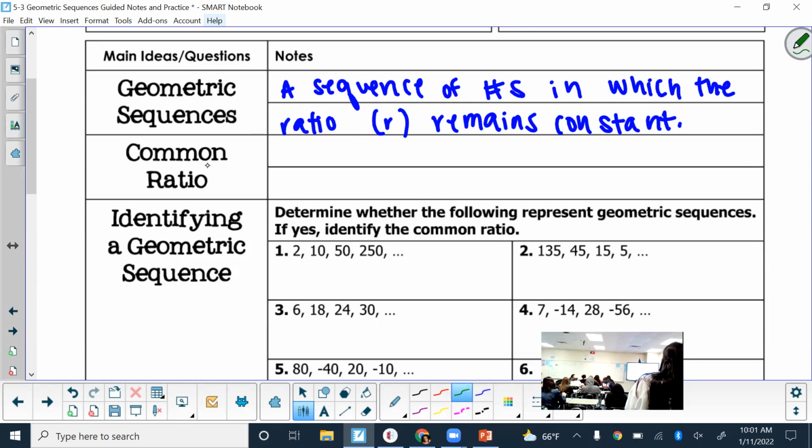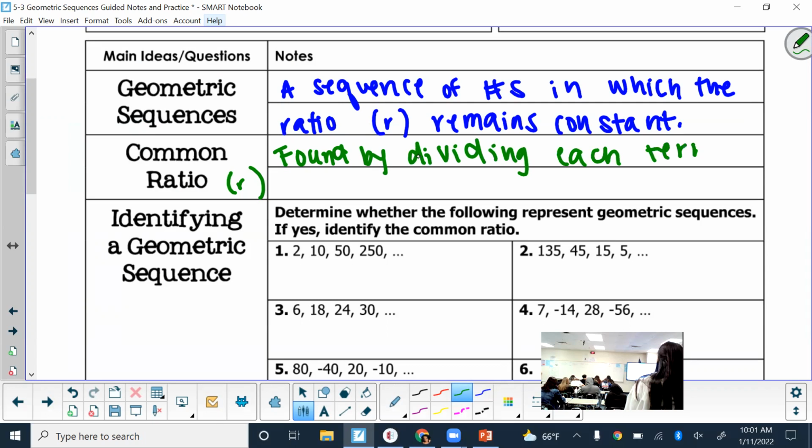All right, the common ratio, which is your R value, is going to be found by dividing each term by its previous term.